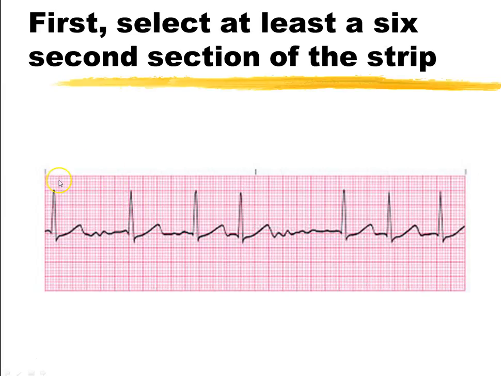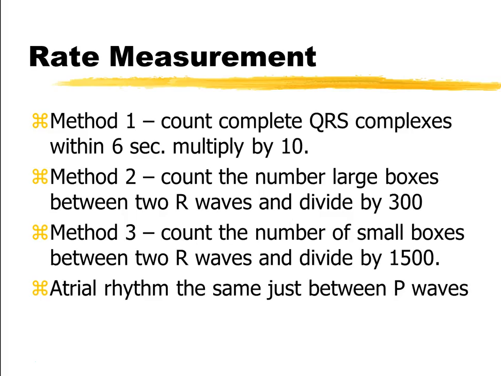These indicate a 3-second segment, so 3 seconds times 2 gives us a 6-second strip. That will allow us to easily get enough information to interpret and identify the rhythm. You can do it without, but it's so much easier if you have a minimum of 6 seconds.